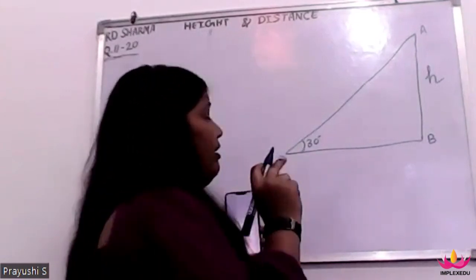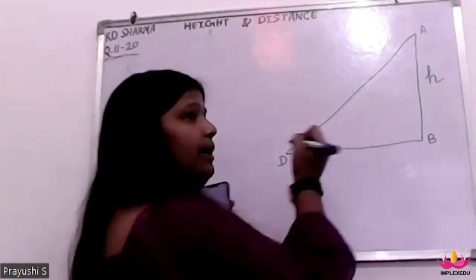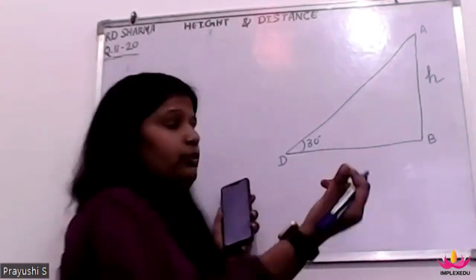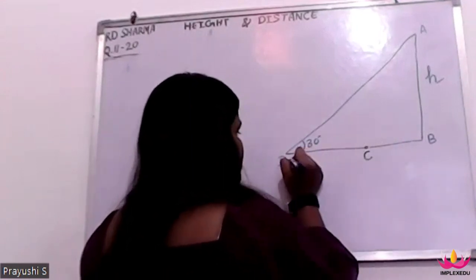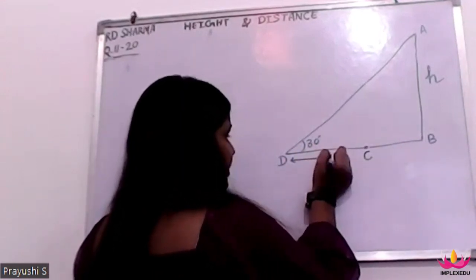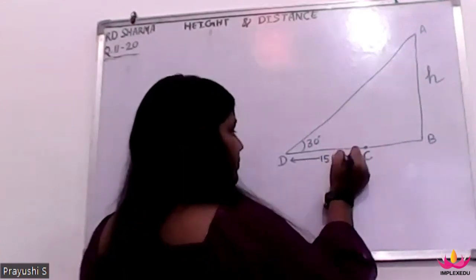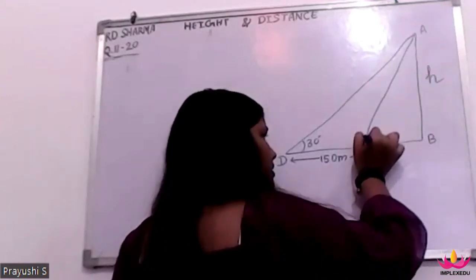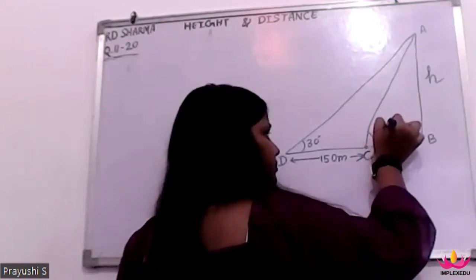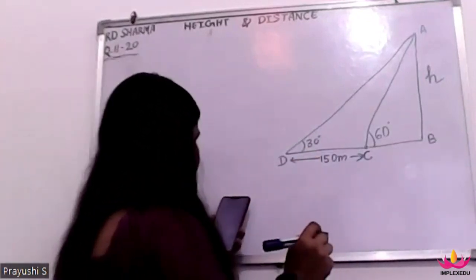Now when the observer is moving from D some 150 meter towards the tower, means point C, so it is moved 150 meter. Okay, 150 meter, and at point C the angle of elevation becomes 60 degree. Now we have to find out.